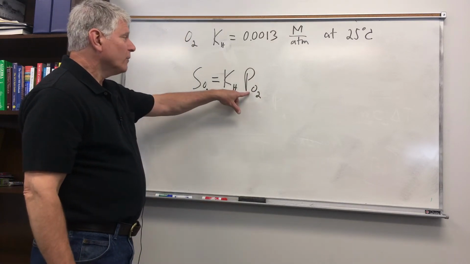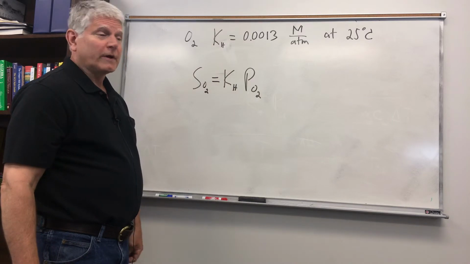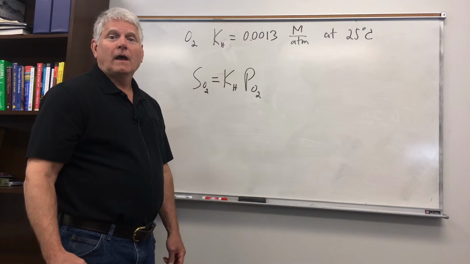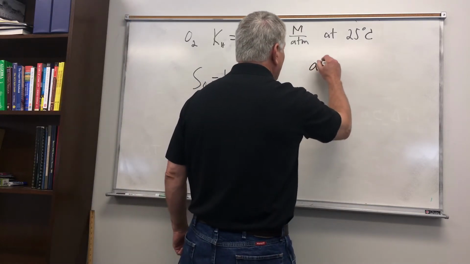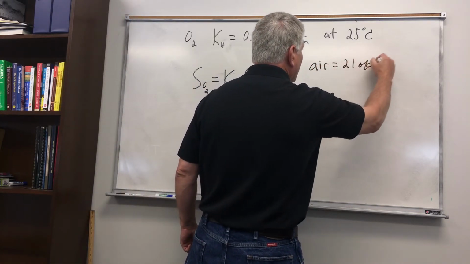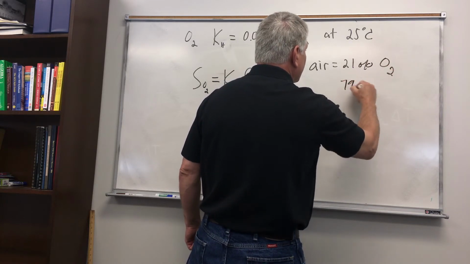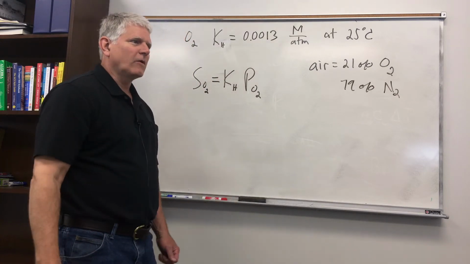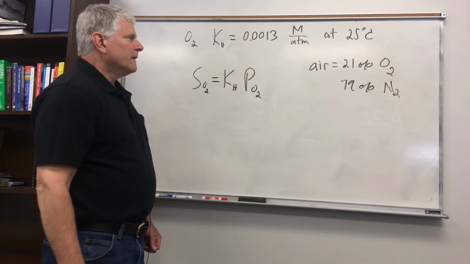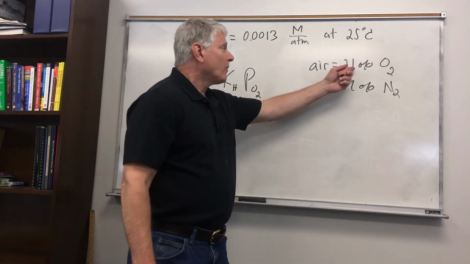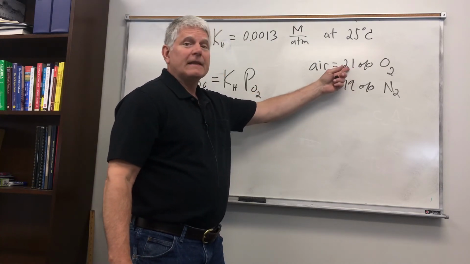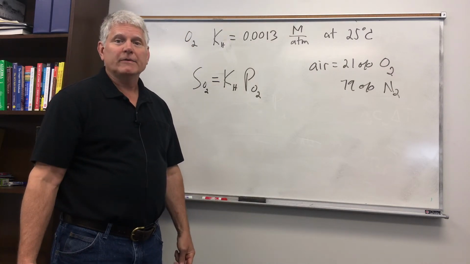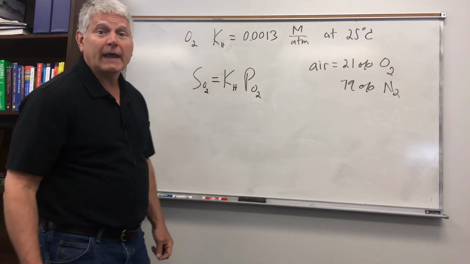So this is not the total pressure, this is the partial pressure. Air is 21% oxygen and about 79% nitrogen, with trace amounts of argon and carbon dioxide. So the partial pressure of oxygen at sea level is just going to be equal to 21% of 1 atmosphere, and that's 0.21 atmospheres.